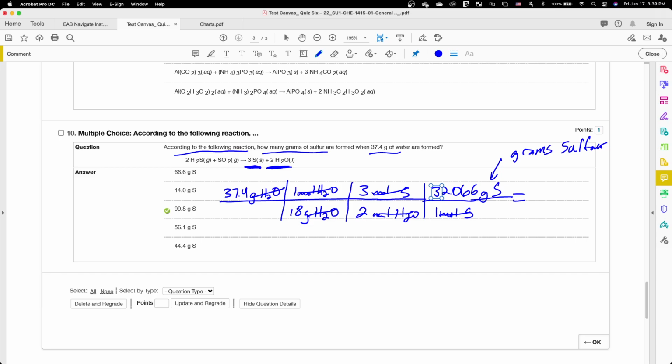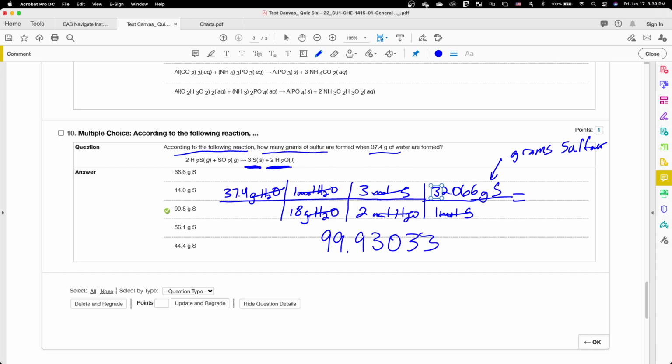We get a number. We divide all that by 18 times 2, which is 36. So my answer was 99.93033, right?